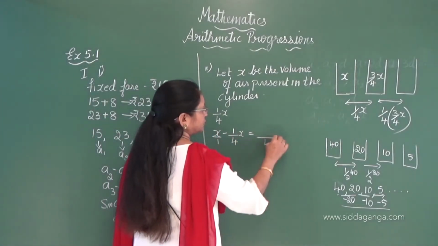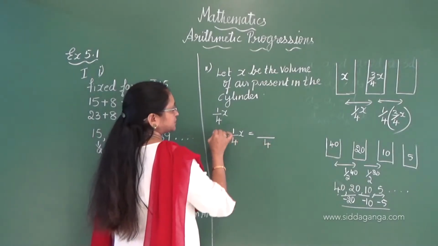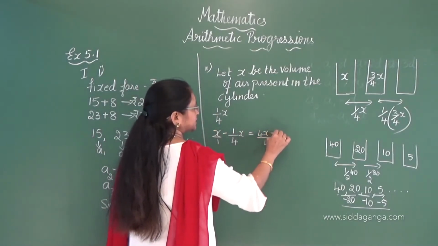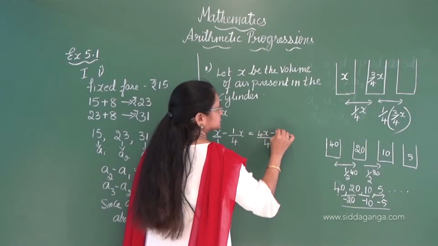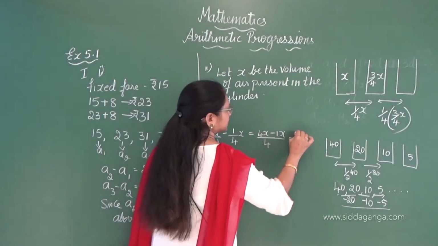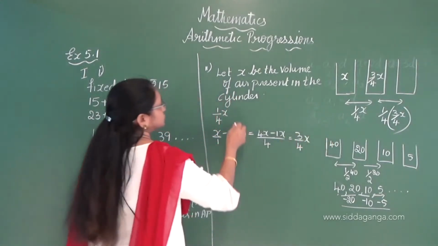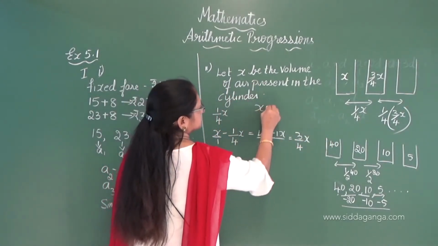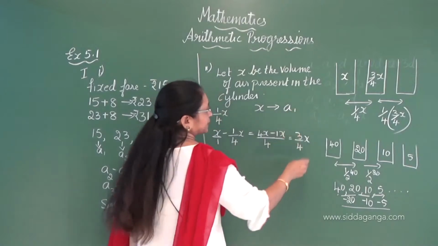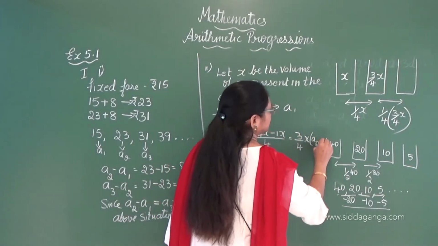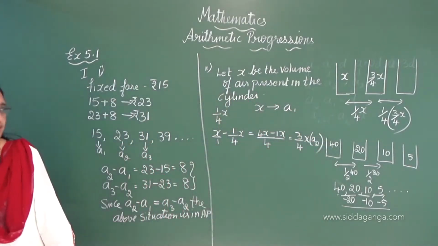So 1 4s are 4x minus 1x, so this will give you 3/4 x. So for us X is A1 and this is A2.